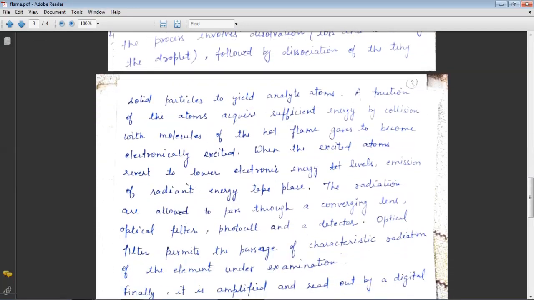When the excited atoms revert to a lower electronic energy level, emission of radiant energy takes place.